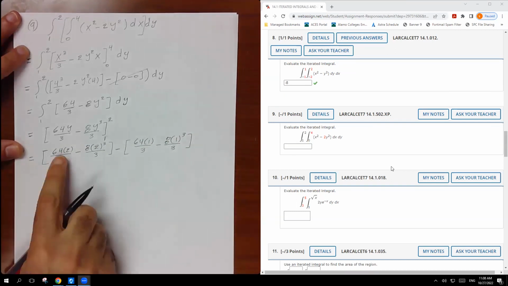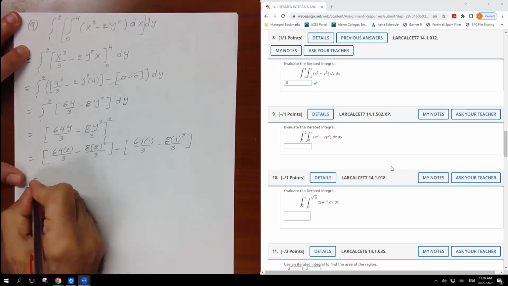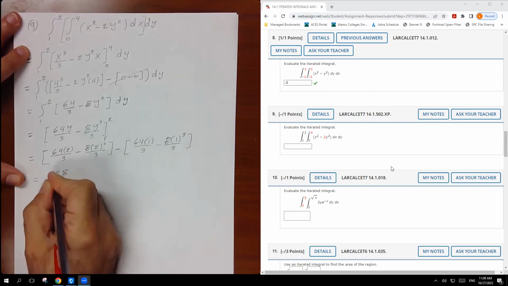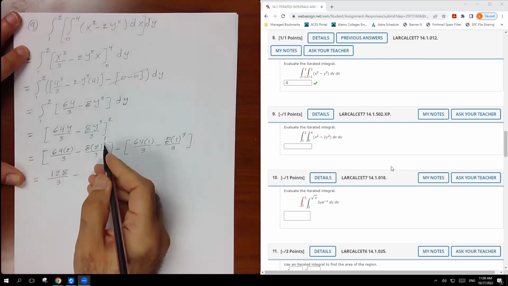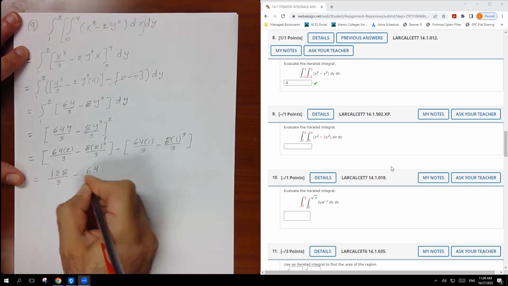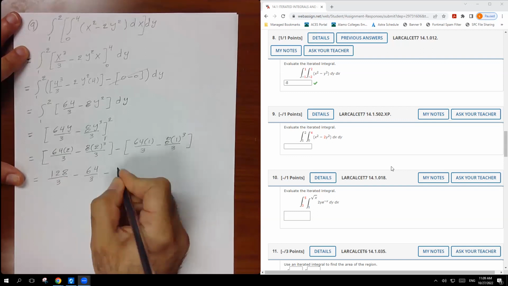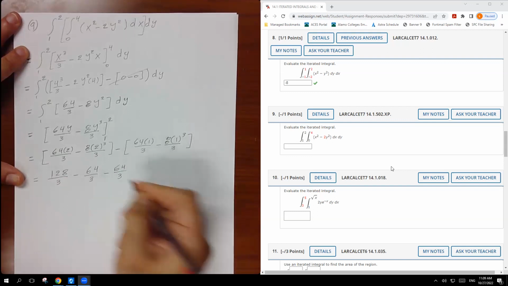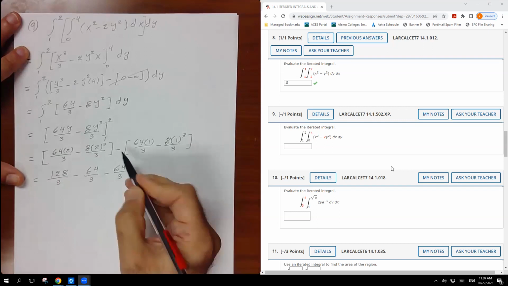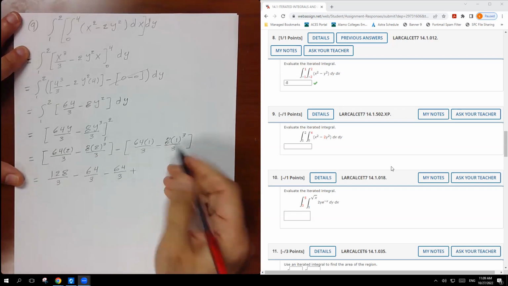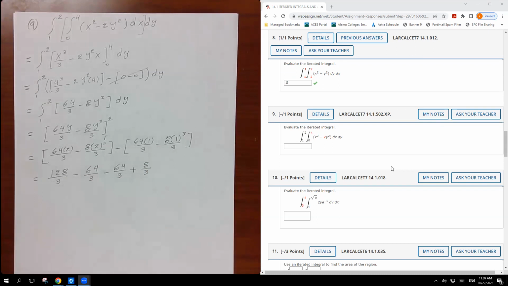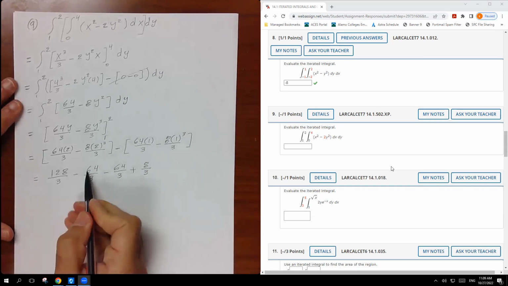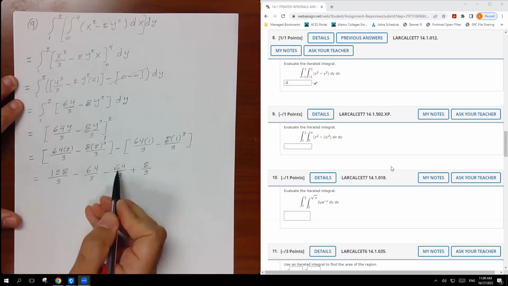Yes, that's right. 64 times 2 is going to be 128 over 3 minus 2 cubed, which is 8, times 8 is going to be 64 over 3, minus 64 over 3, and it's going to be plus, because negative times negative is positive, 8 over 3. Now we're just going to combine: negative 64 minus negative 64.